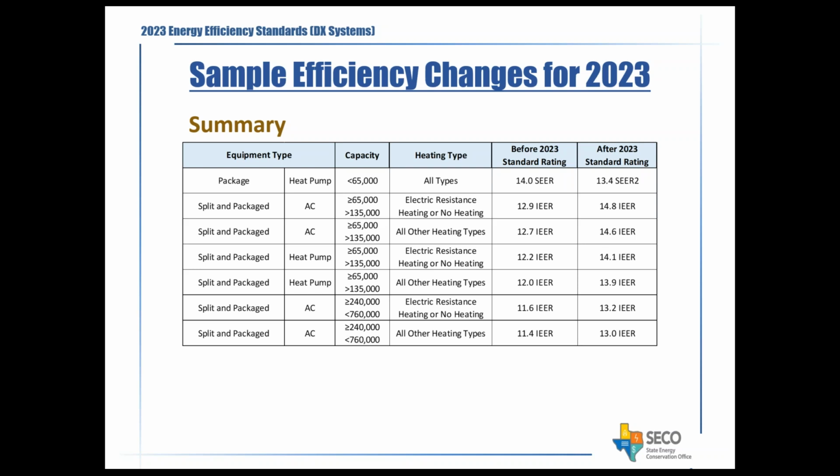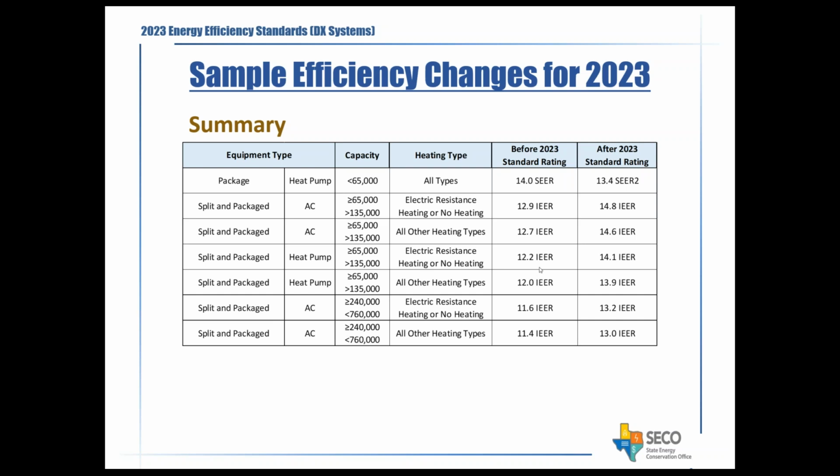So then you can see this is the same table. You will see IEERs, what was there before 2023 and what they are required to be after 2023. And you'll see significant changes and upgrades over there, way more efficient systems.